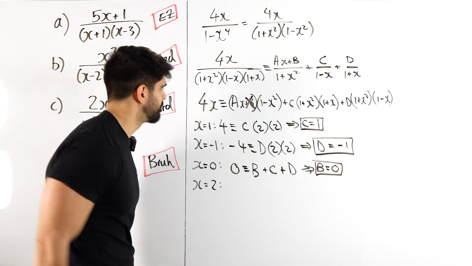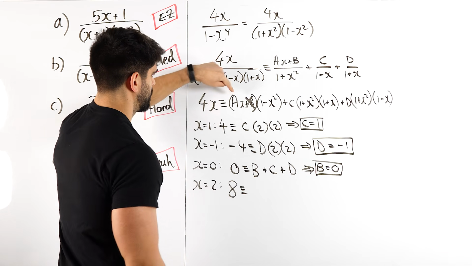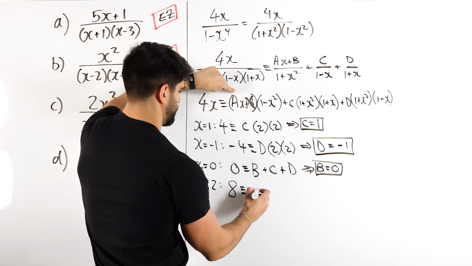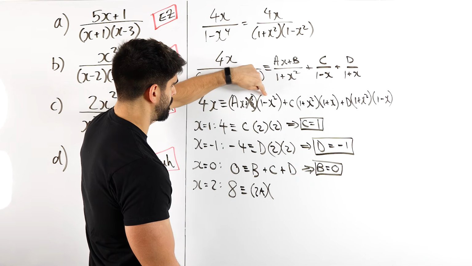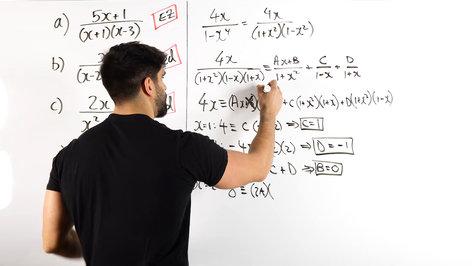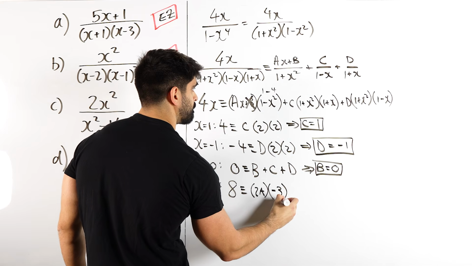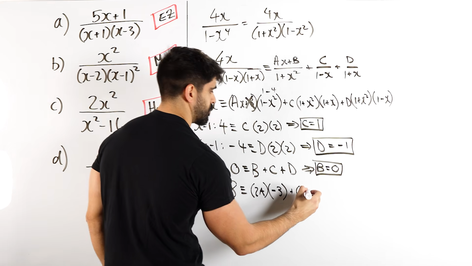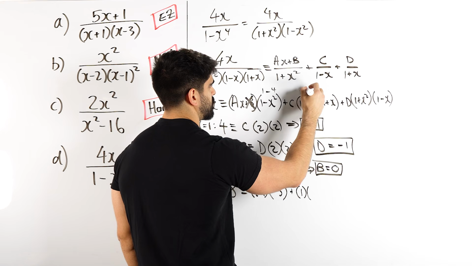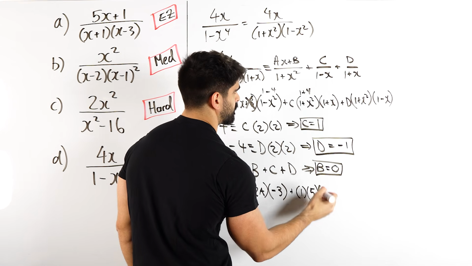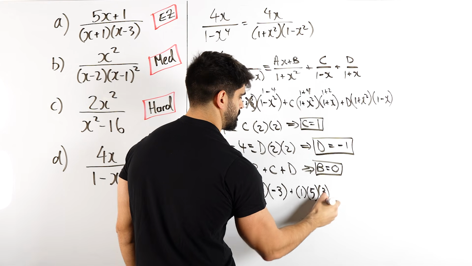What would you guys have done? 4 times 2 is 8. A times 2, 2a. 1 minus 2 squared, 1 minus 4, so minus 3. Plus c, which is 1, times 1 plus 2 squared, so 5. 1 plus 2, 3.